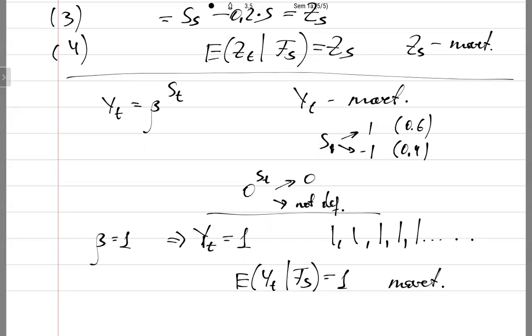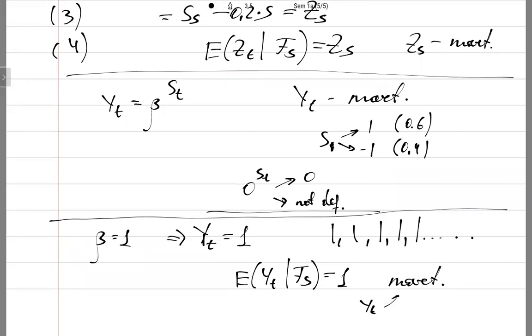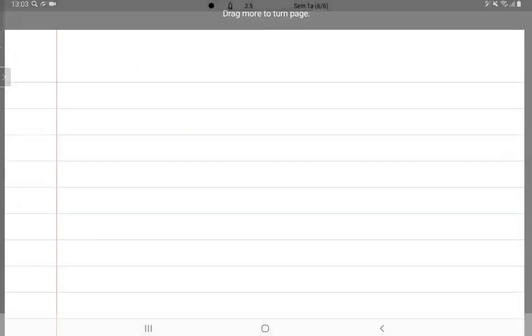But there is one hidden value of beta that's very useful to study properties of Brownian motion, and we will recover it on the next page. But when beta is equal to 1, it's okay that Y_t is a martingale. Okay. Thank you. Let's go on.